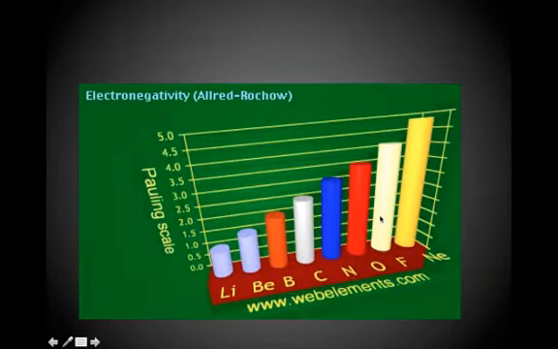So an electron can very easily move from lithium to beryllium, from beryllium to nitrogen, from nitrogen to oxygen, and from oxygen to fluorine.